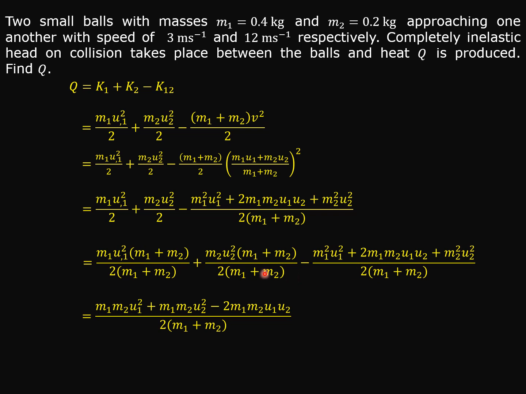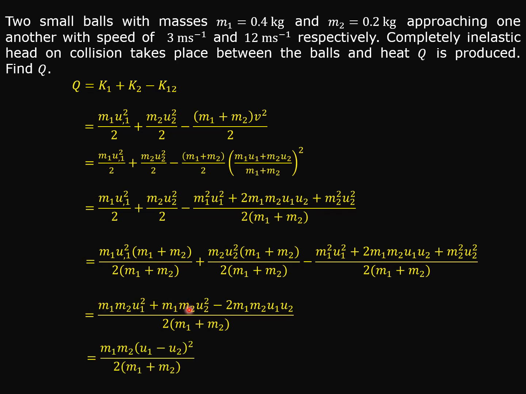So that means we will have m1 m2 u1 squared, and then m1 m2 u2 squared, and then minus the middle term, the second numerator of the third term, which is 2 m1 m2 u1 u2.